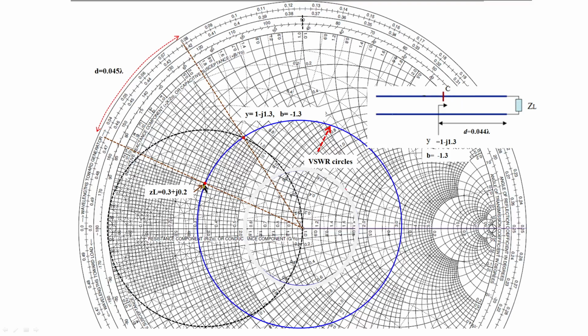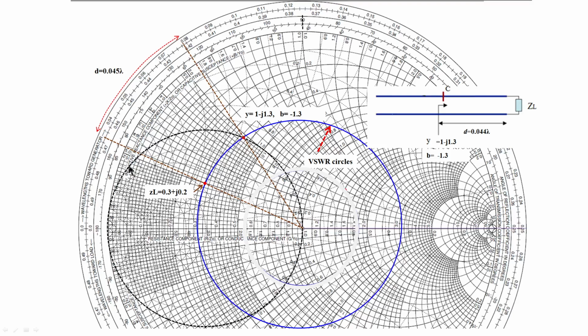So from the load point you move towards the generator, and you stop wherever the admittance is there, like this. That means while moving like this, whenever this VSWR circle intersects the G is equal to 1 circle, see, this is the G is equal to 1 circle.